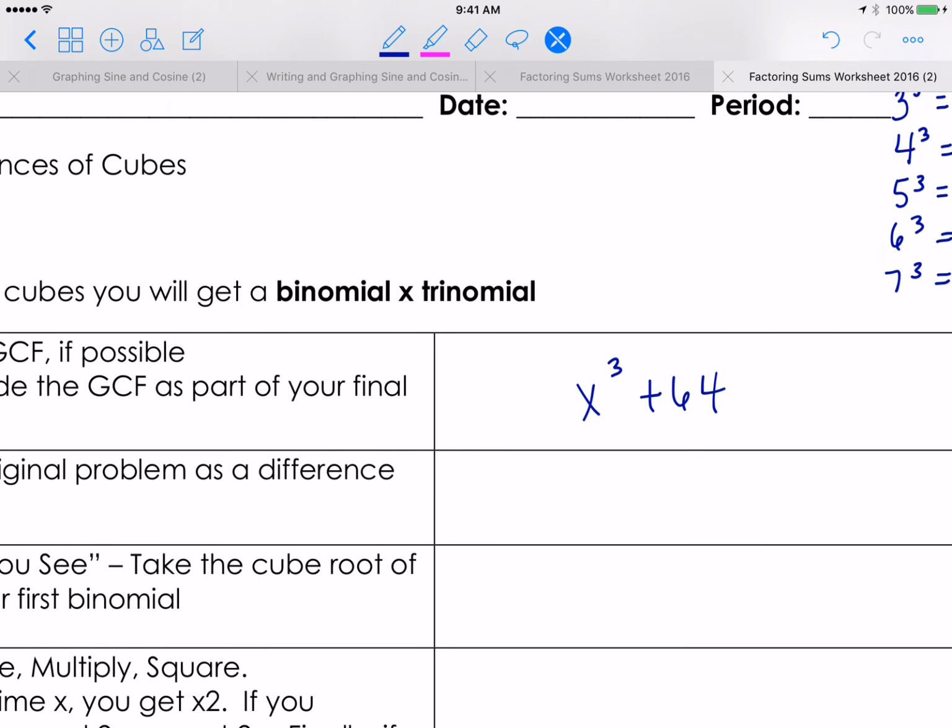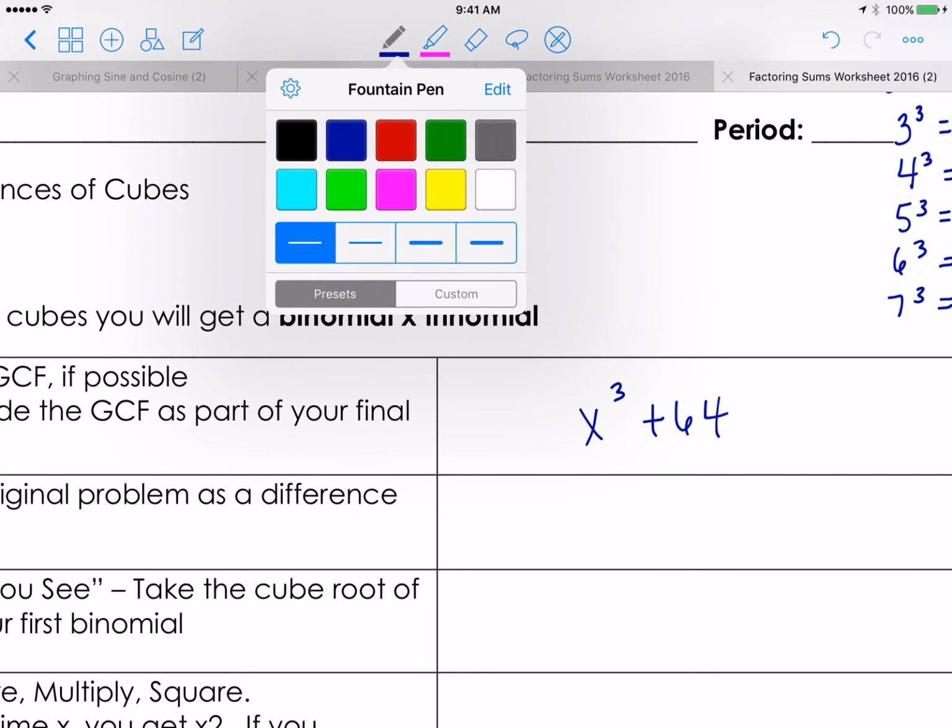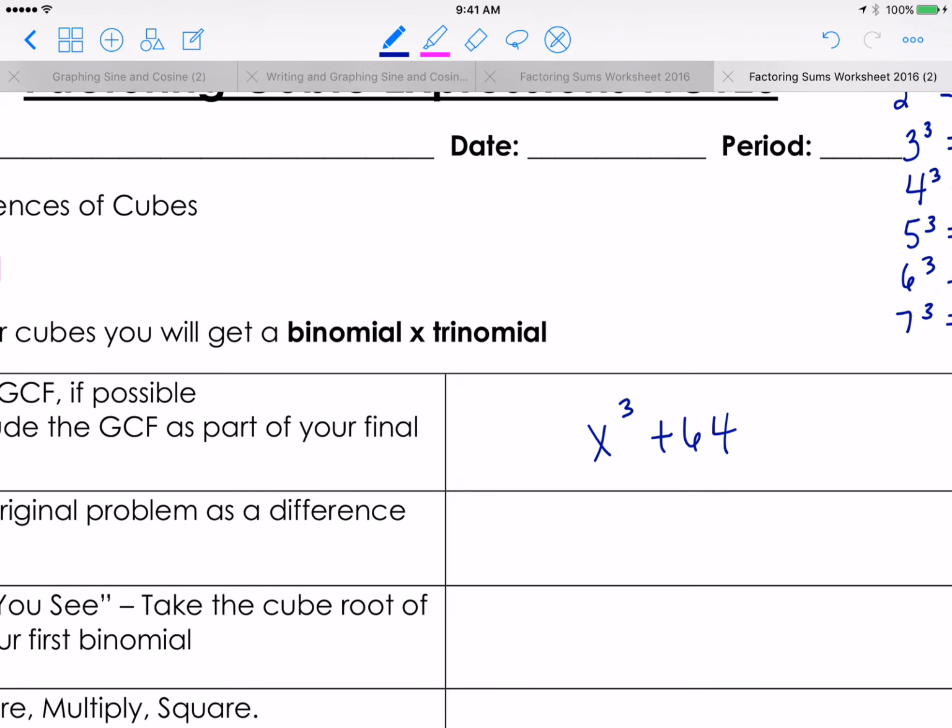So we want to try to rewrite this with perfect cubes. When we're dealing with exponents and variables, x cubed can be rewritten as x to the third. There's not much you can do with that one. But you can do something with 64.